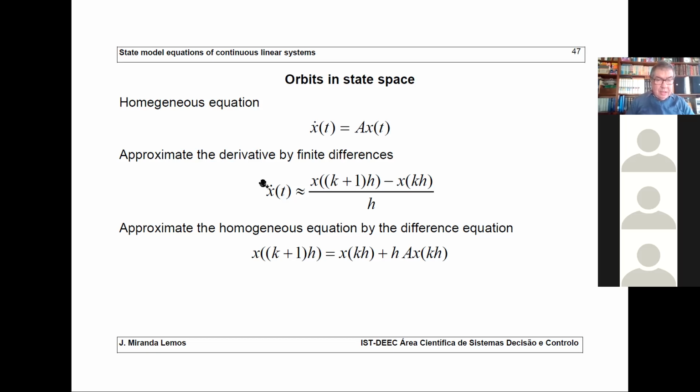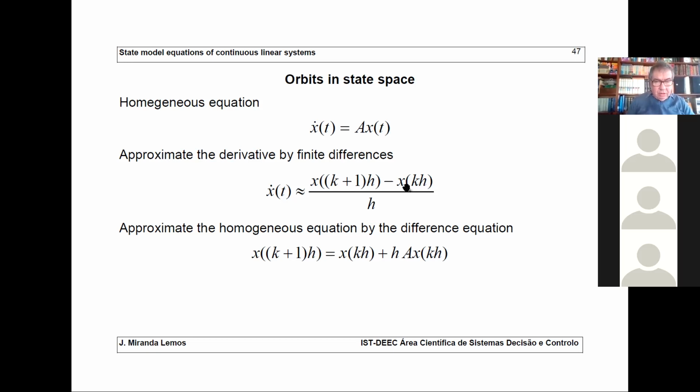So I approximate my derivative by the incremental difference. So I pick a very small time increment h, okay? And I have points at times kh, so 0, h, 2h, 3h, 4h, and so on.